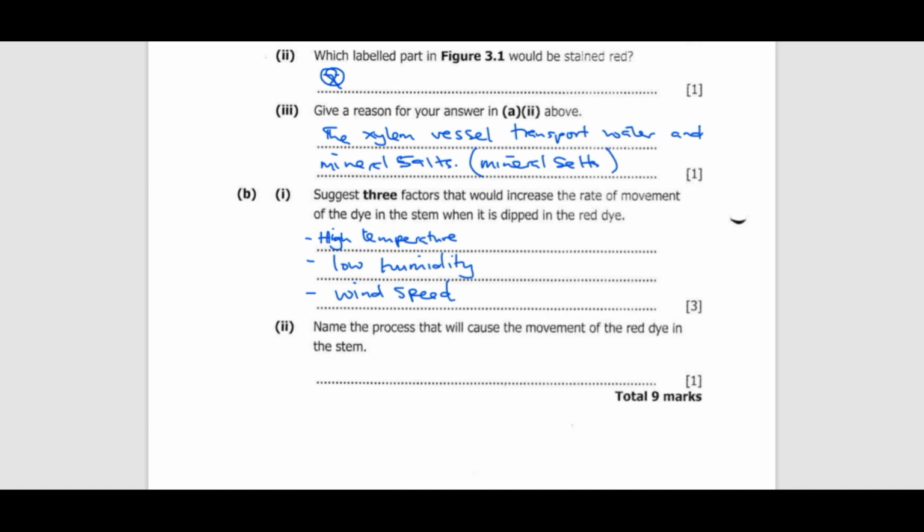So let us move to question 2 under B. Name the process that will cause the movement of the red dye in the stem. So what will cause it? It is transpiration pull. Okay, let us move.